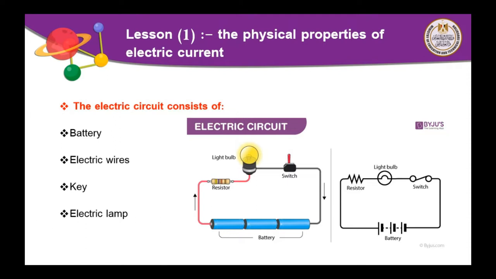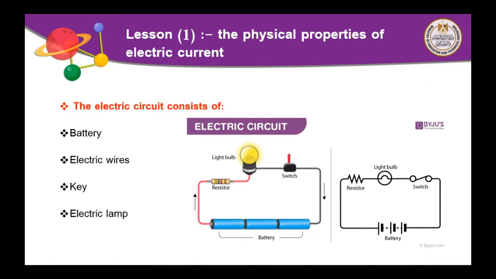All components of the electric circuit, such as battery, lamp, and switch, can be connected with electric wires. Number 3, key or switch. A key is very important in the electric circuit because it is used to control opening or closing the electric circuit. The last one, electric lamp. It is an indicator to know if the electricity passes through the wires or not.